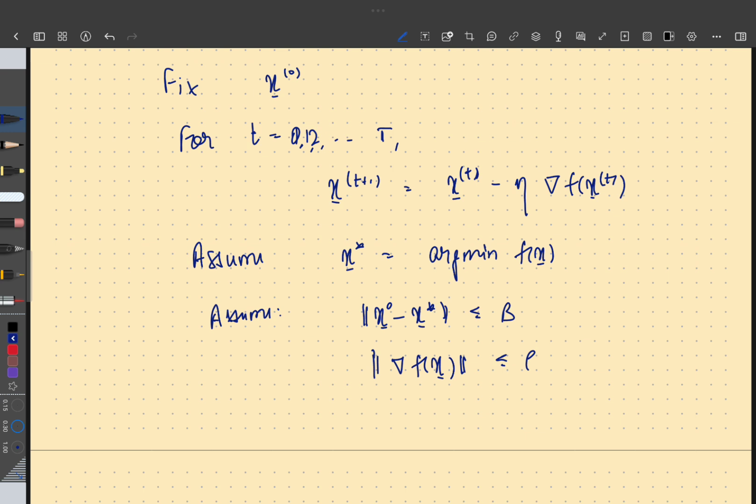Okay. And for now we'll also assume that the step size, or what is also referred to as the learning rate, is kept fixed. We are free to choose it depending on these parameters b and rho, but is otherwise fixed. You're not going to change it per iteration. In practice, this is not what is done.